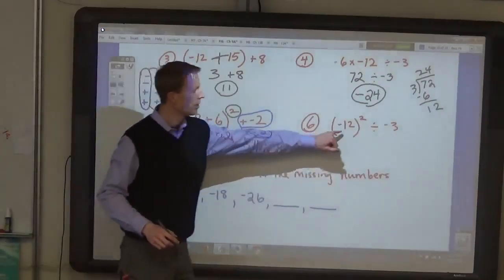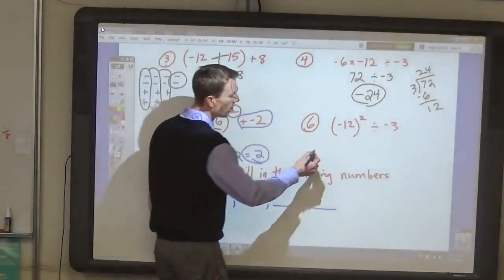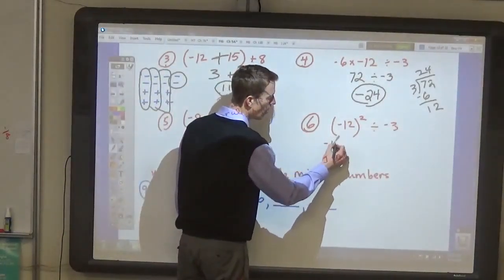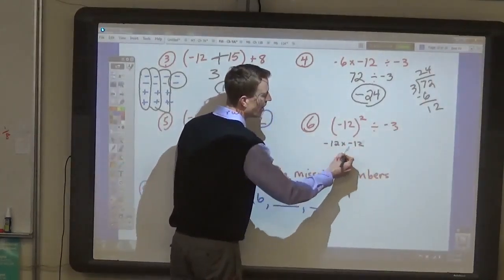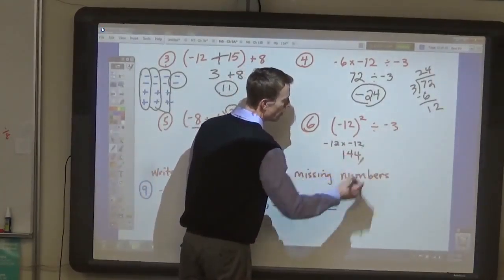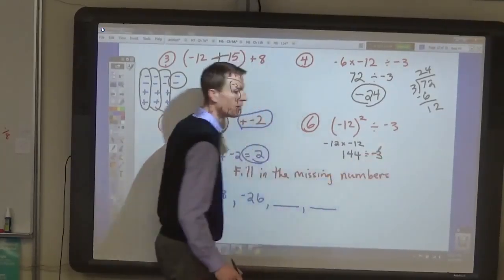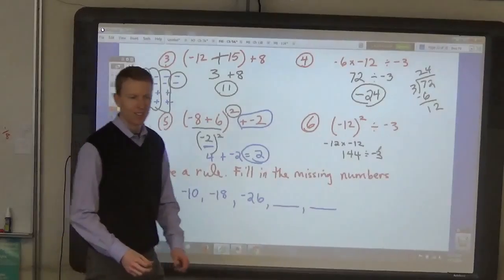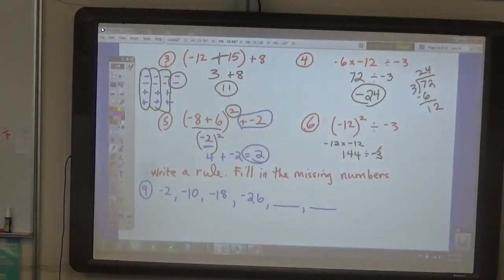Now, what does this mean? Negative 144? It'd be negative 12 times negative 12. So then it's positive 144. Then divide it by negative 3. What do you think?